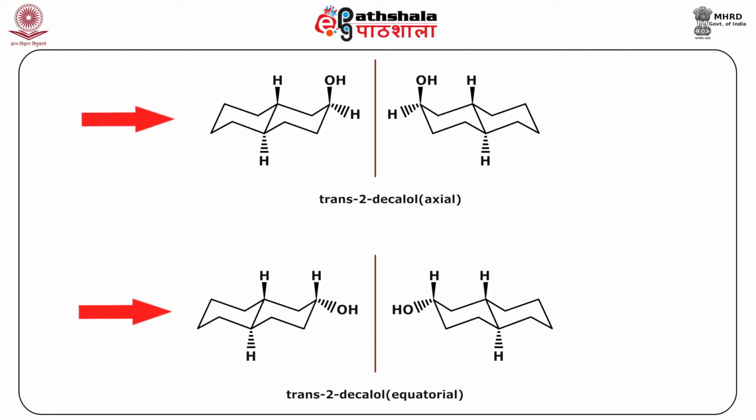Further, these diastereomers would have non-superimposable mirror images. Thus, trans-2-decalol exists as 2 pairs of enantiomers as shown in this figure. One would be the enantiomeric pair for the axially substituted, and the other would be the enantiomeric pair for the equatorially substituted hydroxyl groups. Conformational analysis predicts the equatorially substituted trans decalol to be more stable than the axial isomer due to 1,3-diaxial interactions in the latter.